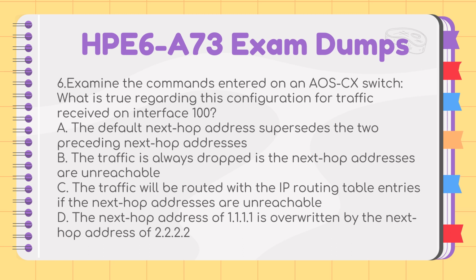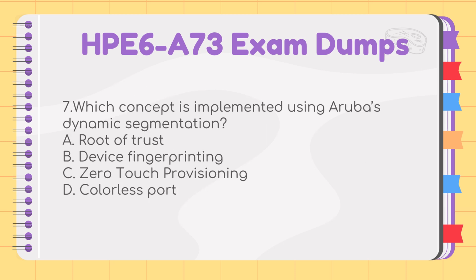C. The traffic will be routed with the IP routing table entries if the next hop addresses are unreachable. D. The next hop address of 1.1.1.1 is overridden by the next hop address of 2.2.2.2.